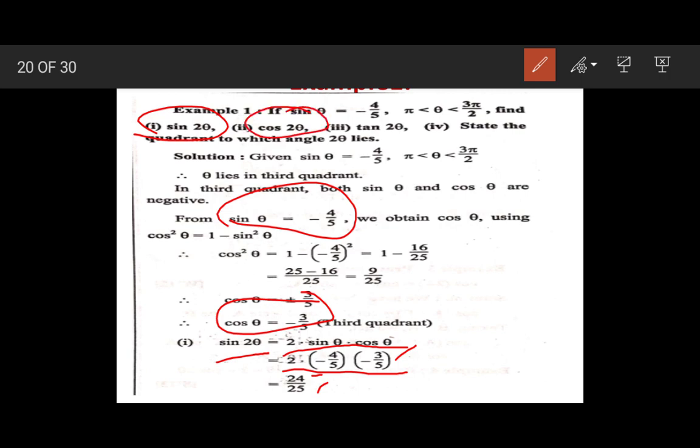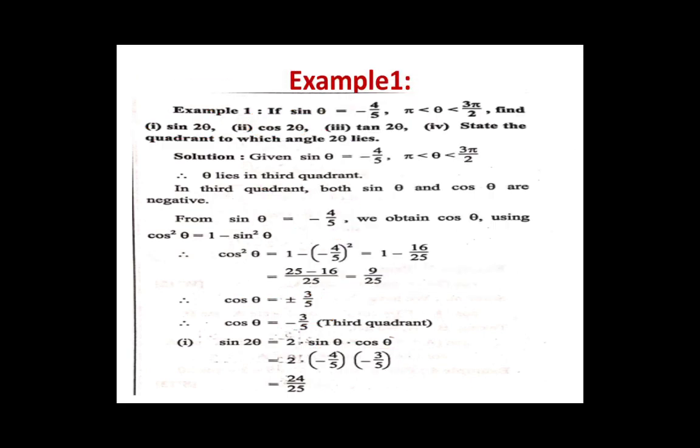Then second one is cos 2 theta. So for cos 2 theta, you can apply any one formula, right? So what I am taking is the cos 2 theta formula 1 minus 2 sin square theta. Why? Because sin theta is given. Okay. So sin theta is minus 4 upon 5.